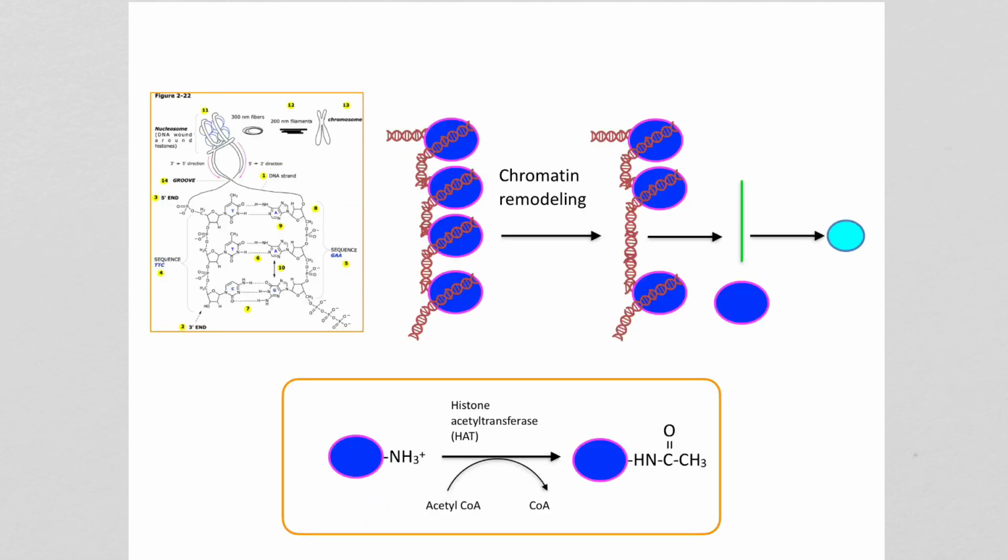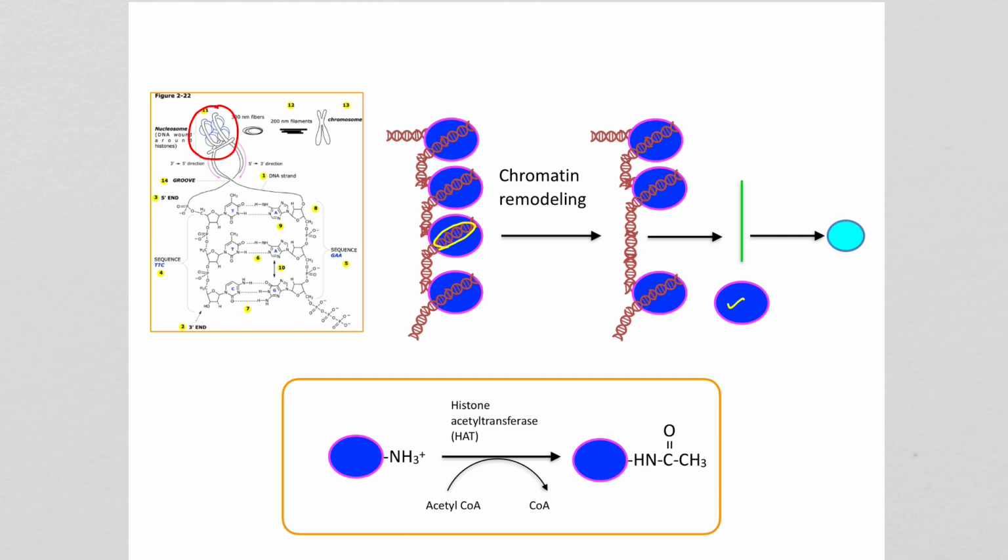So remember, the DNA is wound around histones. So this means that a lot of information, let's say there is a gene information here, this information can only be available if we remove the histone from that DNA. And this access to certain genes is only allowed in certain cell types.